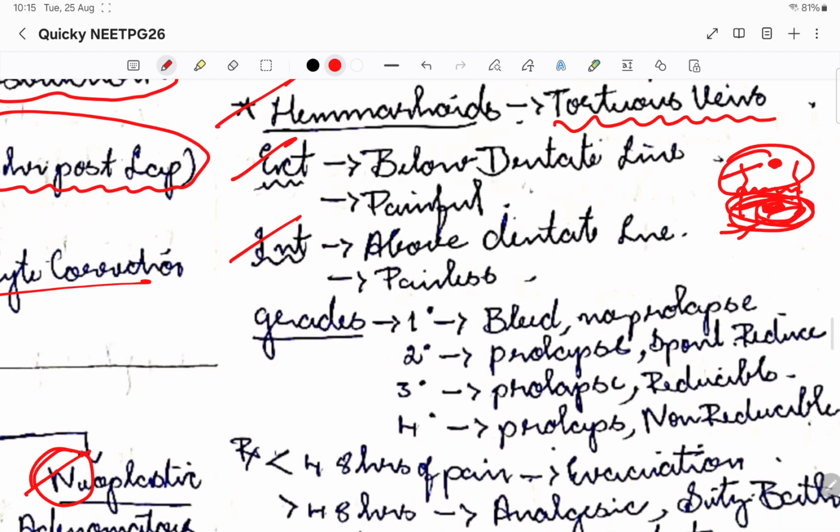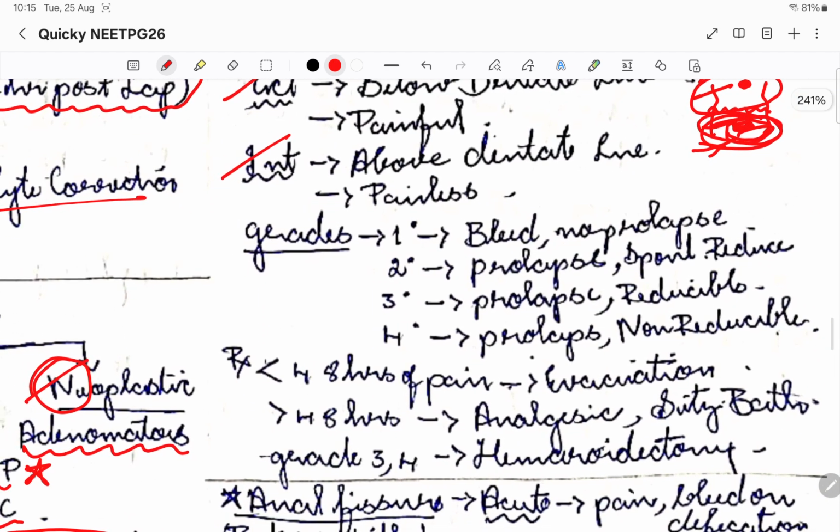Okay, the internal hemorrhoids. So grading will be done. This is very important, grading. Primary, secondary, tertiary and quaternary. In primary hemorrhoid there will be bleeding, but there is no prolapse at all, so the tortuous vein will not be prolapsing out.